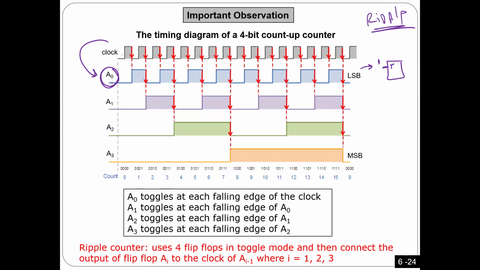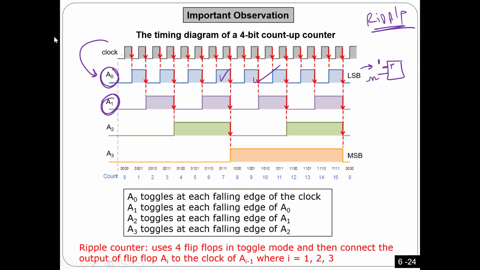So this clock is connected to the first flip-flop, and I'm going to connect the T to 1. This is how I can do the first one. I need a flip-flop that toggles all the time, and I'm going to connect the clock to this flip-flop. Make sense?